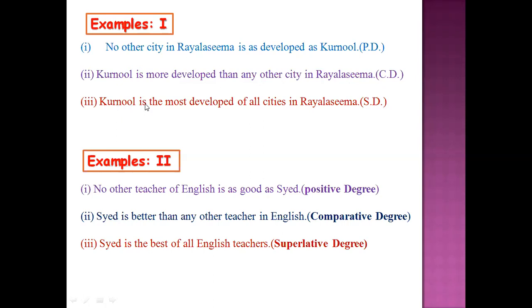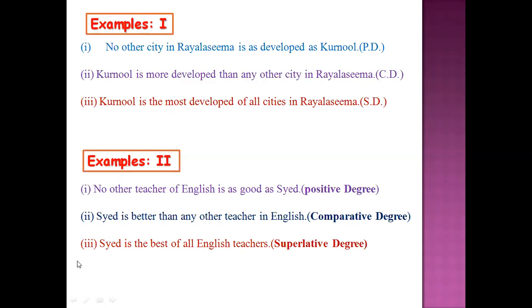Subject, verb, and the definite article, and A3, most developed, of all. It finishes by using of all. Kurnool is the most developed of all cities in Rayalaseema. This is model number 1.